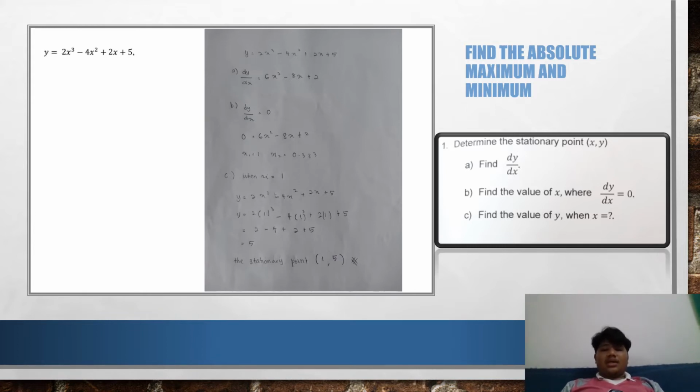Now we have the x points. We look for the y point. The screen shows that we replace x, which is the value 1, in the first equation, and the result we get is y equal to 5. The stationary point is (1, 5).